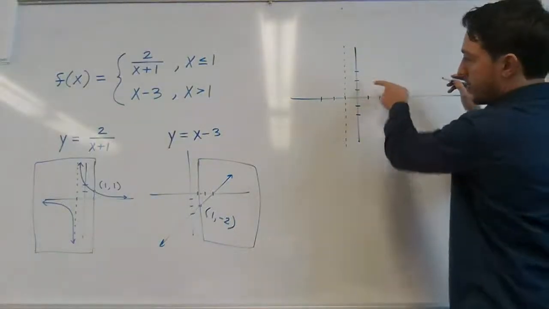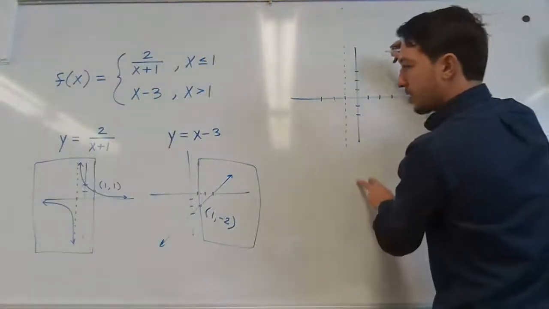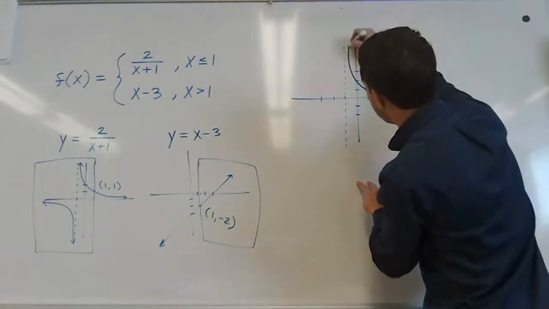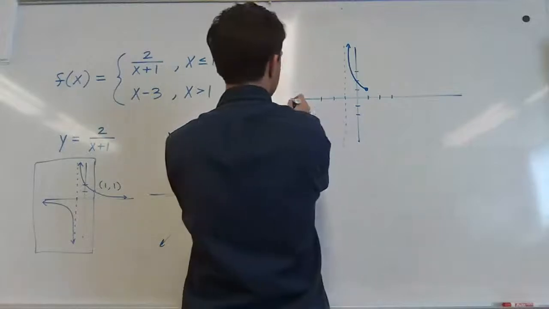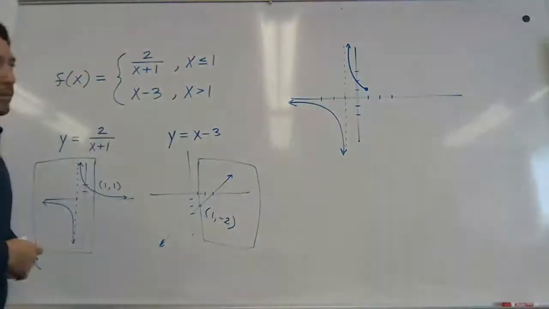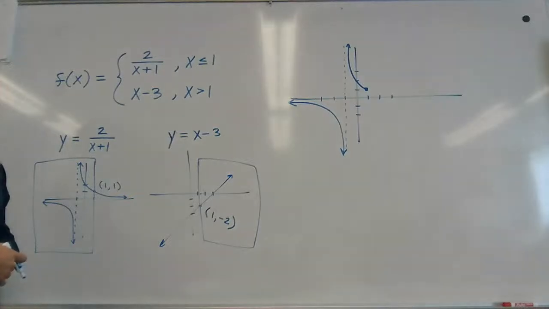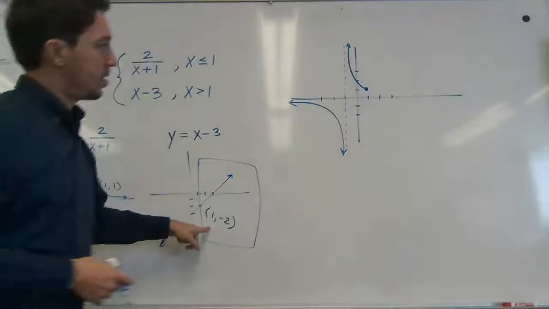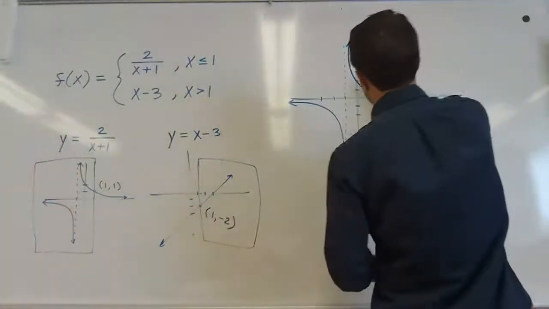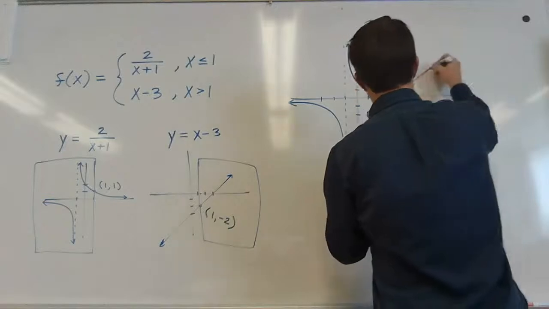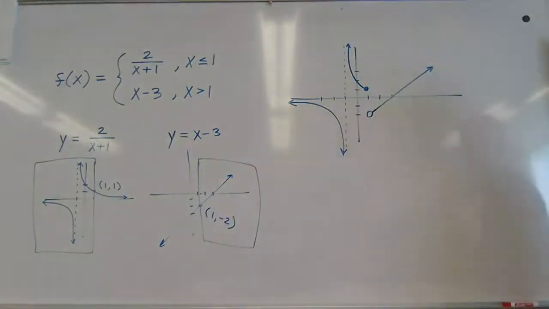There's my y-intercept. I'm just being careful here, making sure my drawing is somewhat legible. Is everyone okay with what I just did there? Okay. And now let's get this guy involved. There we go. There's the function.